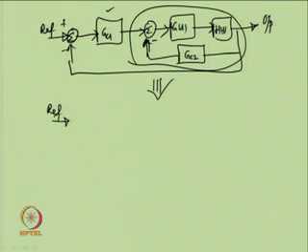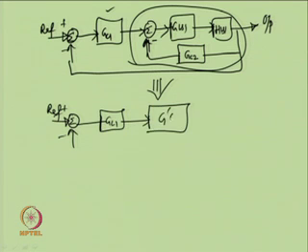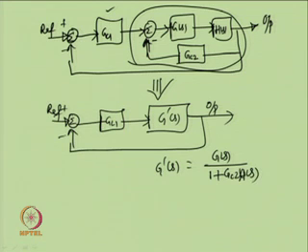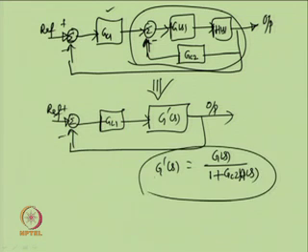Let us redraw its equivalent representation, where we will have GC1 and then G dash S, and output, where G dash S can be given as G S upon 1 plus GC2 H S. So, basically we are getting a series compensation scheme with a modified process dynamics.